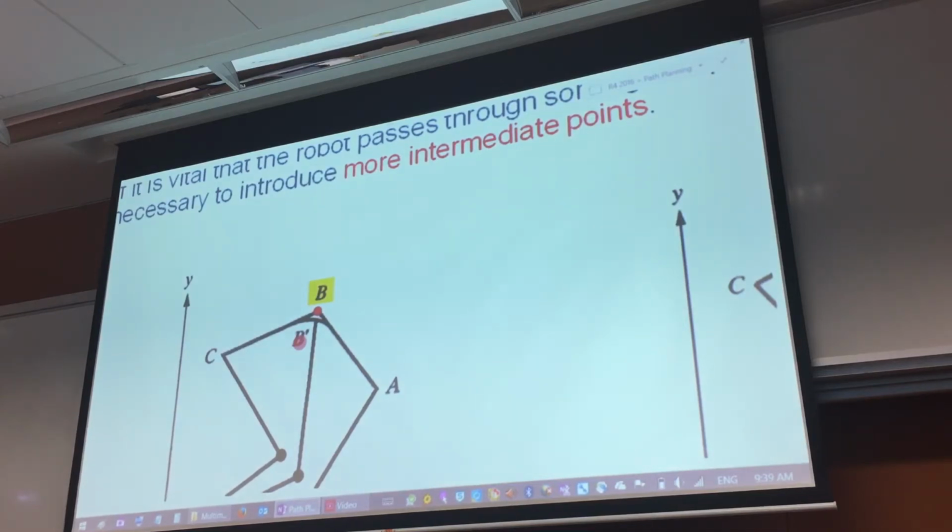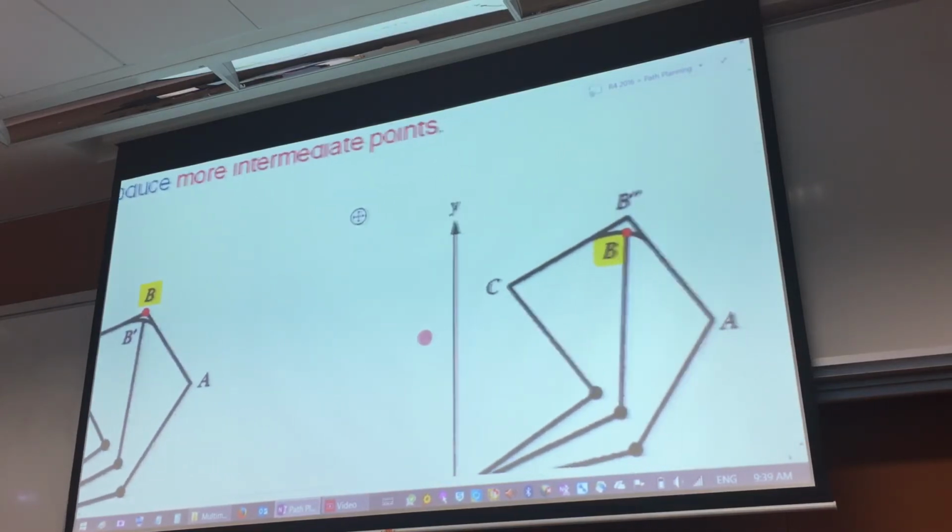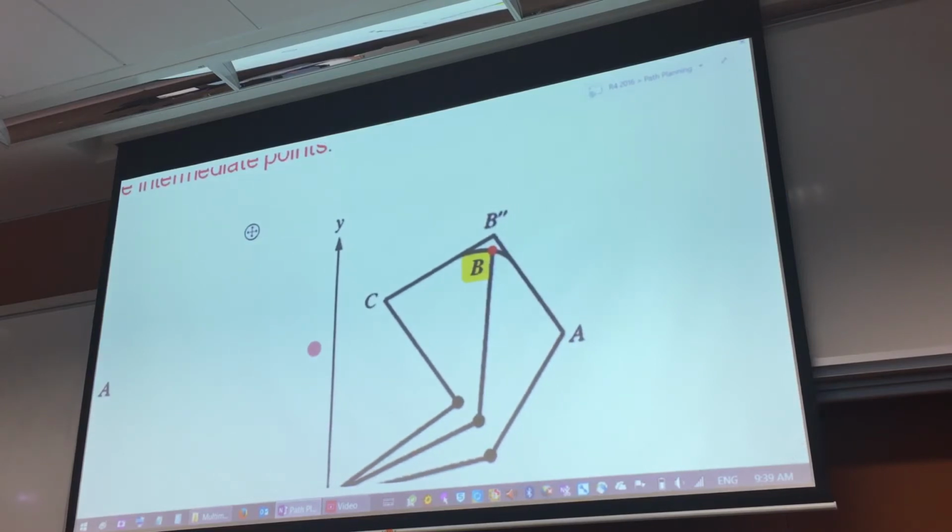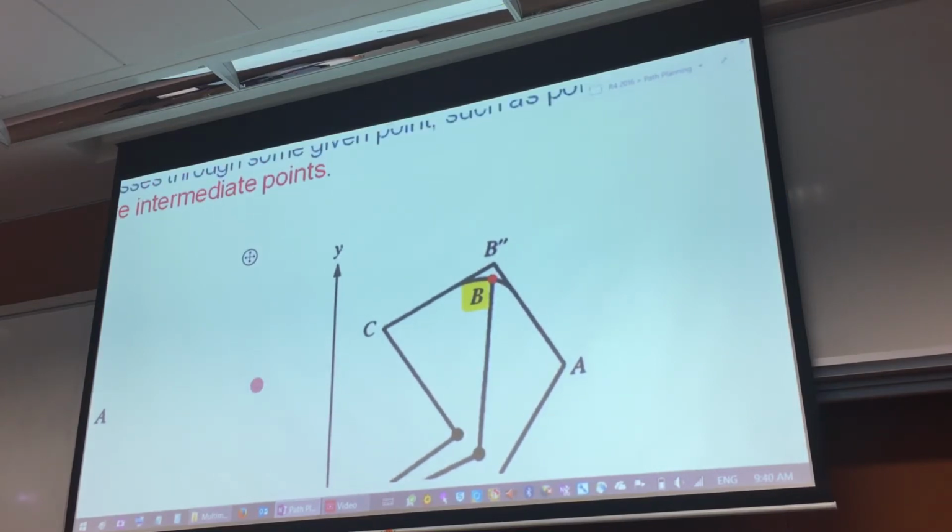If you have that case, then what you need to do is to design another intermediate point, called B double prime. And that B double prime is where you avoid the jerk that's coming in.